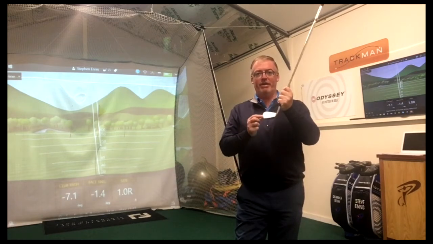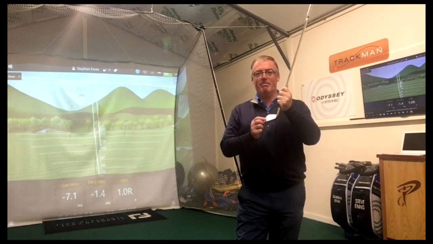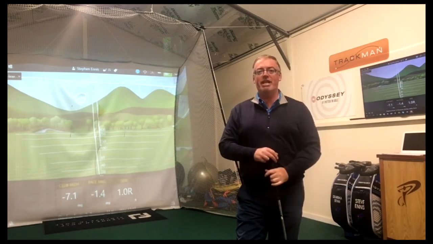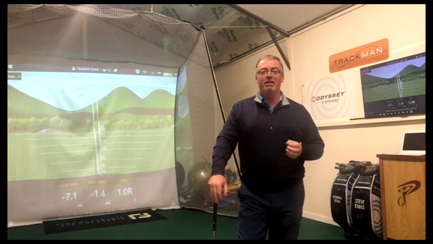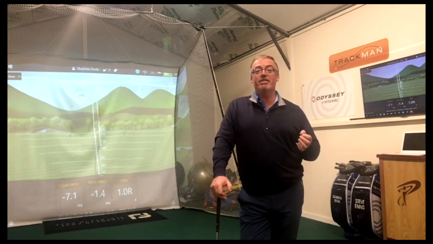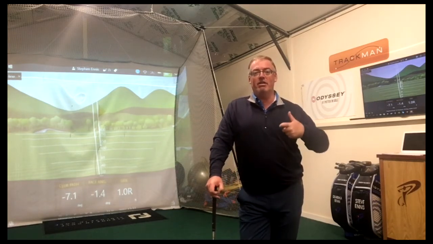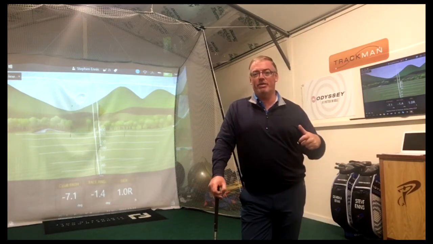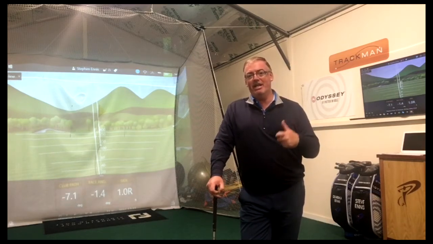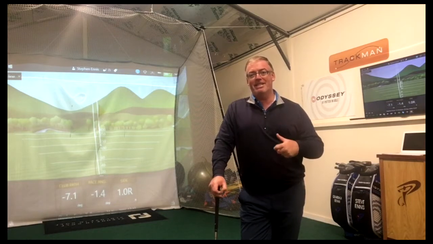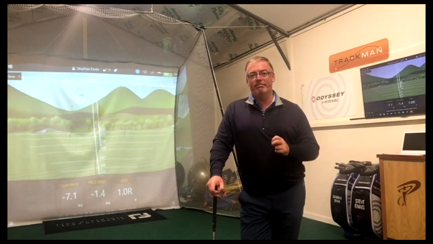Where is that club face pointing as it makes contact with the ball? During impact, where is it pointing? And there are two key drivers as to where the ball is going to start and how it's going to curve. So I want to take a chance now and hit a few shots for you and see whether the numbers match up and make sense to you or not.